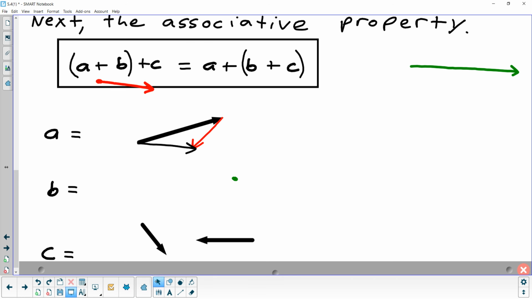And let's see how close that matches up with what we did before. Not bad, for not using a ruler or graph paper. It's pretty good. Okay, but vectors obey what we call the associative property. And you can change the order, or you can change what you do first. Any questions on that?